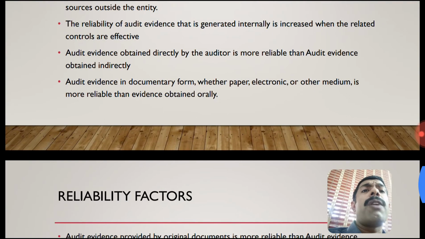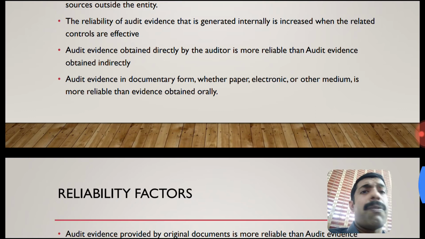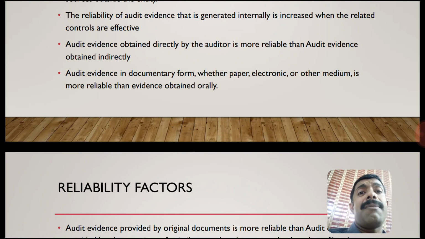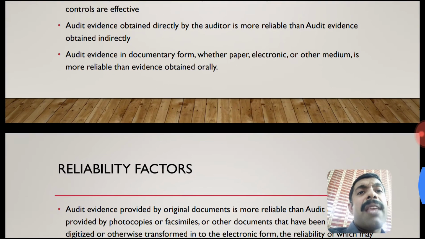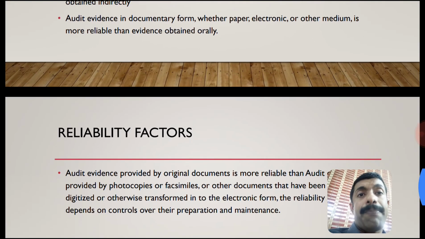The reliability of audit evidence that is generated internally is increased when its related controls are effective. If internal controls are powerful and strong, then audit evidence generated internally will be more reliable than external evidence. Evidence obtained directly by the auditor is more reliable than evidence obtained indirectly.